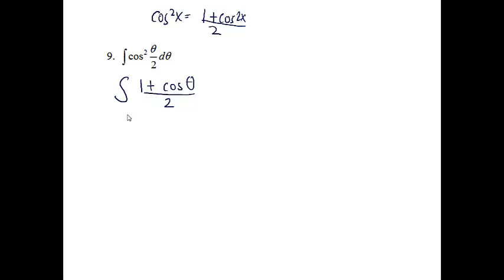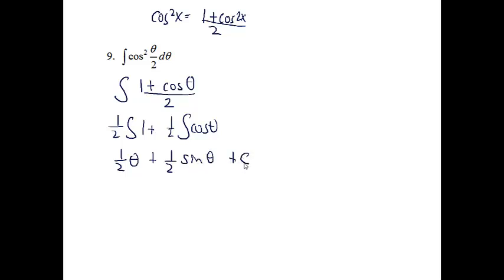And then I'll bring that 1/2 out first, and I'm going to split it at the same time. So the integral of 1 will be theta, so we'll have 1/2 theta plus the integral of cosine is sine, so we'll have plus 1/2 sine theta plus c.